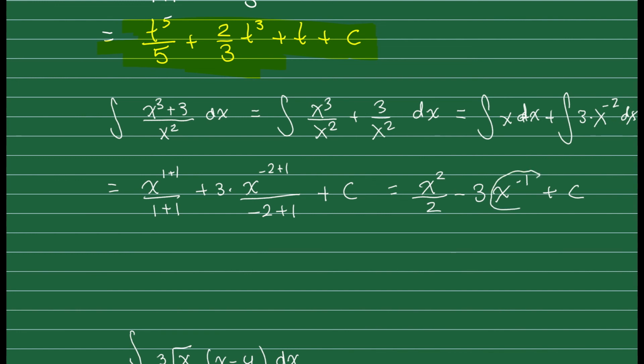Well, this needs to come down. So x squared over 2 minus 3 over x plus our constant of integration.